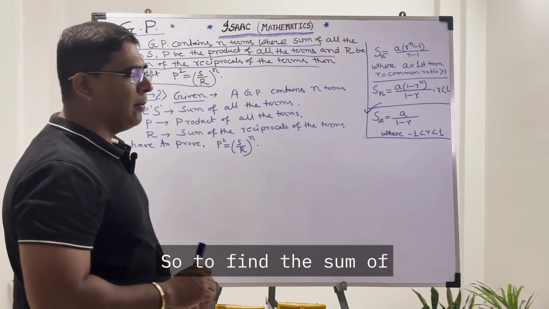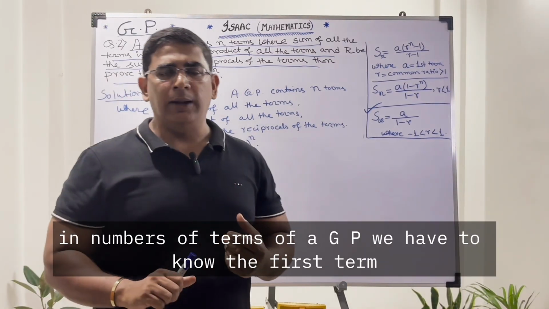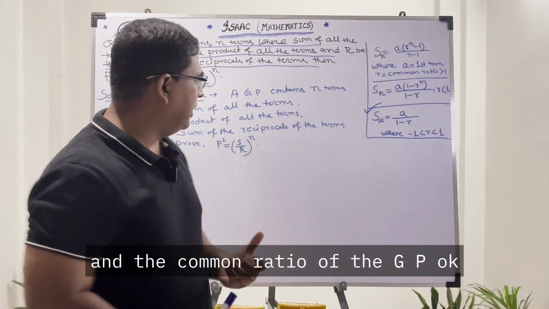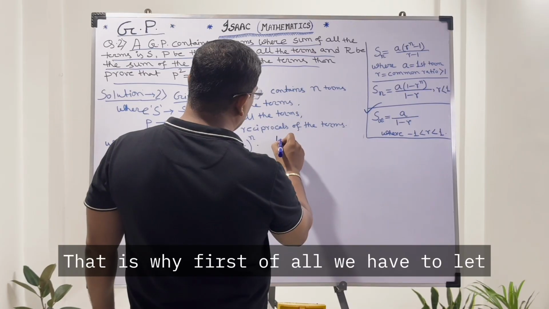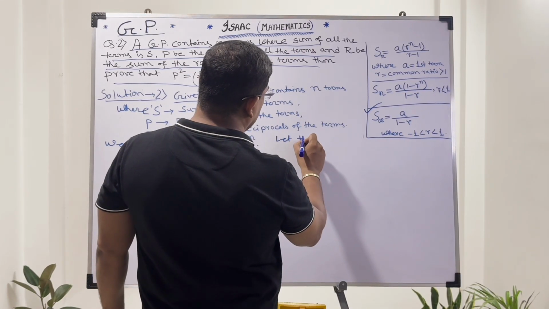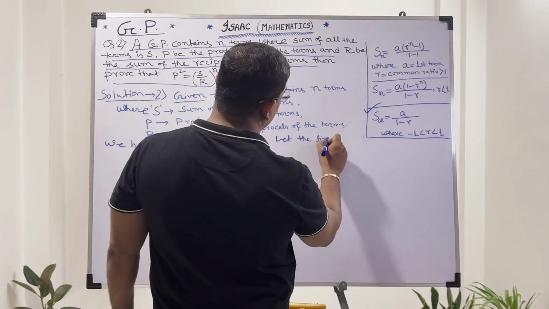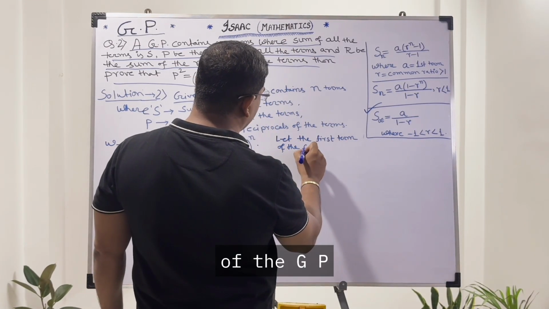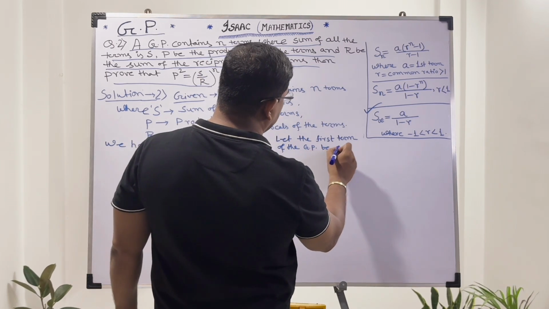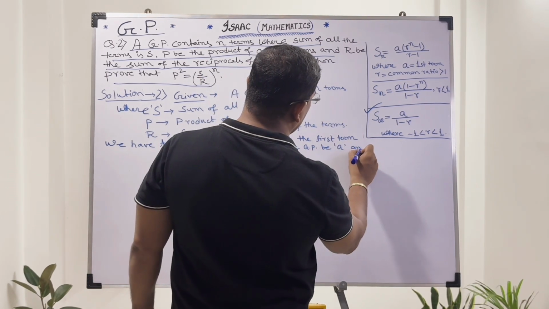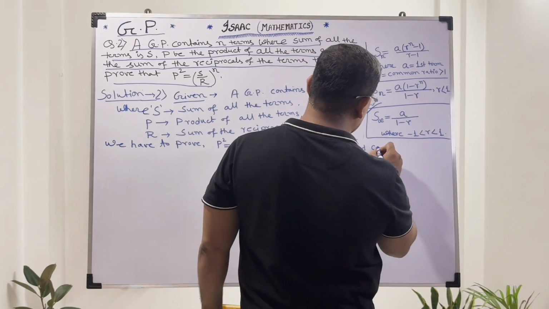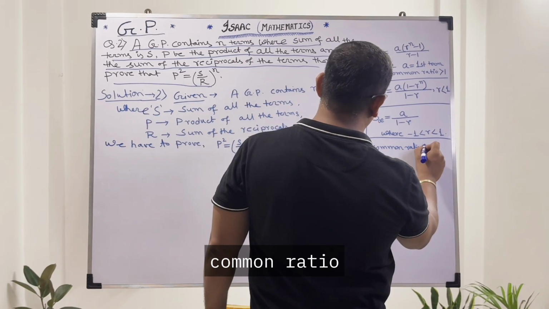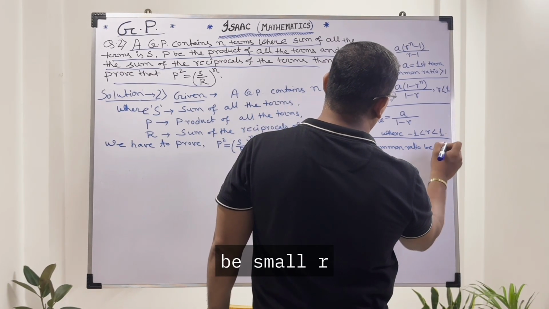So, to find the sum of n terms of a GP, we have to know the first term and the common ratio of the GP. That is why first of all we let the first term of the GP be small a and the common ratio be small r.